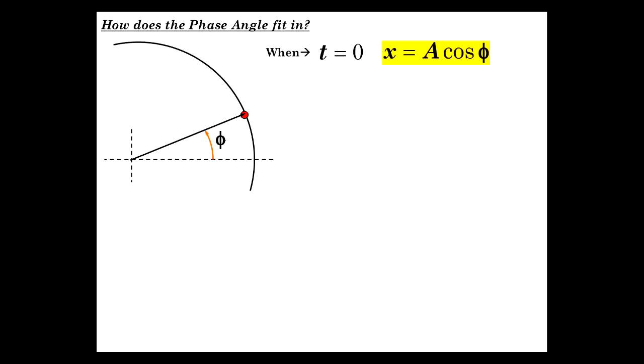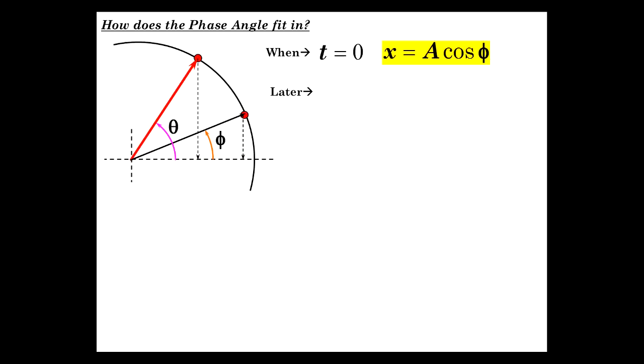So when t is equal to 0, x is equal to A cosine of phi. Right? So later on, we're at a new location. We've gone through some angle theta now. So here's theta. And phi is our initial starting point, denotes our initial starting position. So the object would be right there.